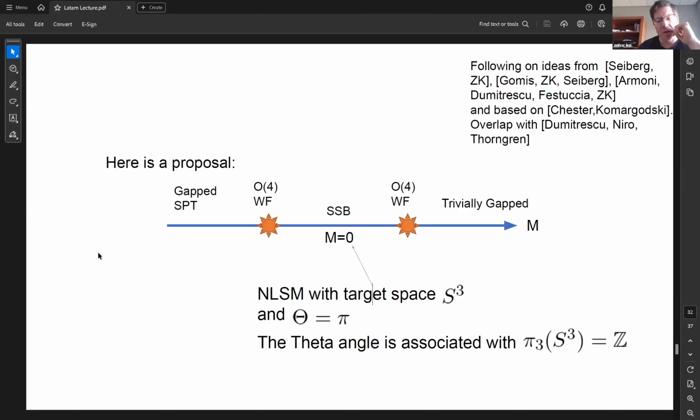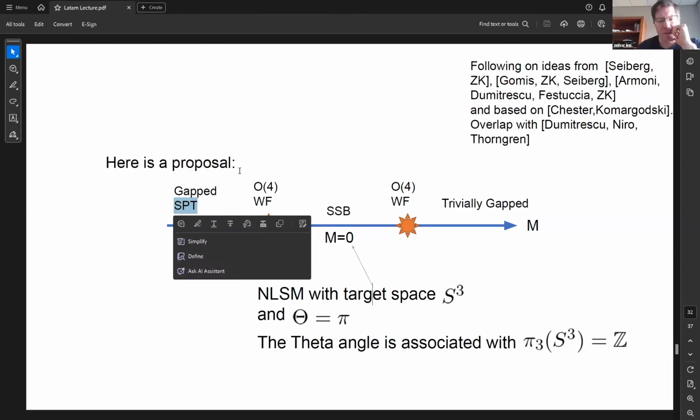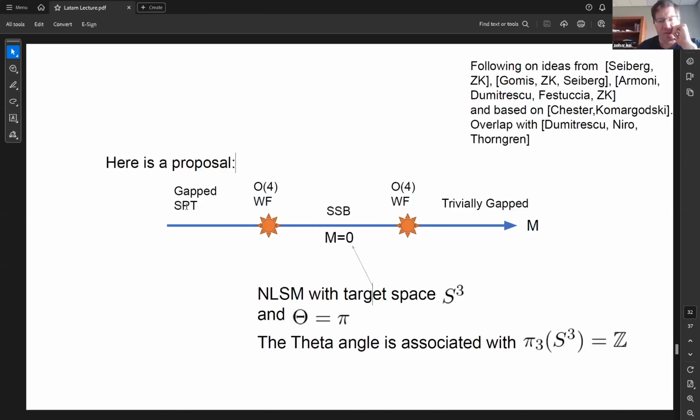And it turns out that only the option pi is consistent because of this keyword that I didn't explain here, SPT. It turns out that to be able to generate a non-trivial symmetry-protected topological phase here, you need to add theta equals pi. Otherwise, it's not consistent. So this is explained in detail in the paper, but the answer is kind of technical.